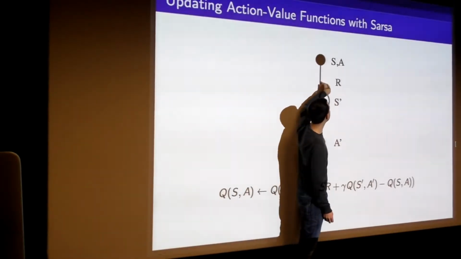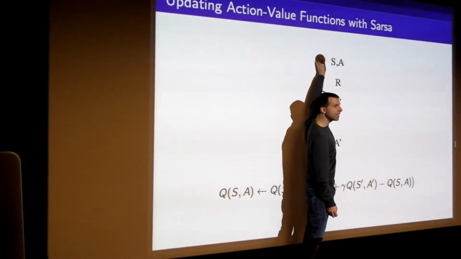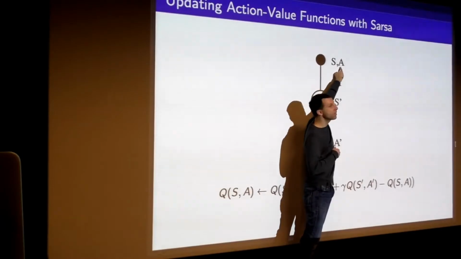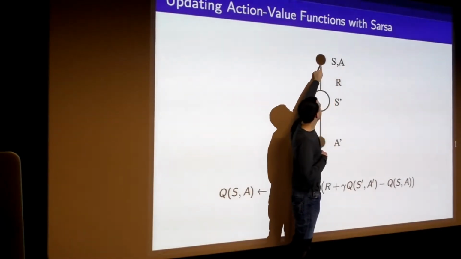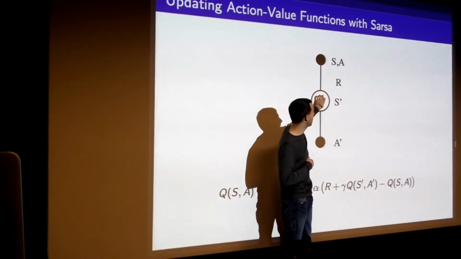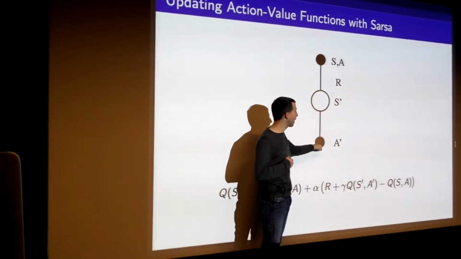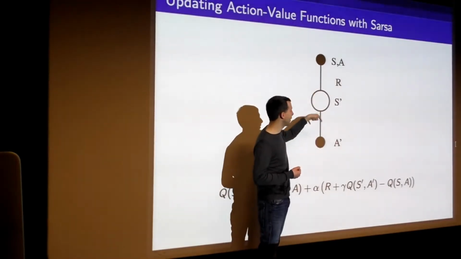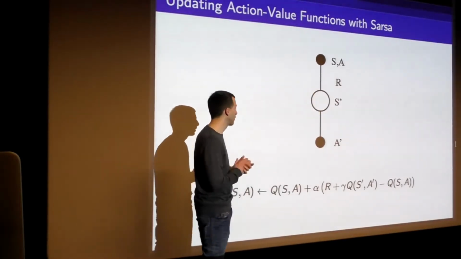Sorry, we're not sampling our policy yet. We start off with state S here, and we're asking a question about this state S and this particular action A. We're going to sample from the environment to see what reward we get and what state we end up in. And then we sample our own policy at that next state. So we end up with S, A, R, S prime, A prime, or the SARSA algorithm.